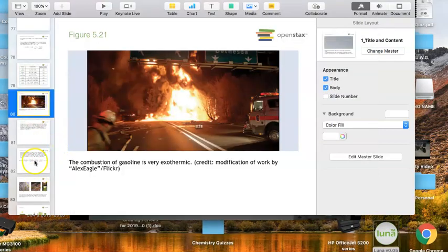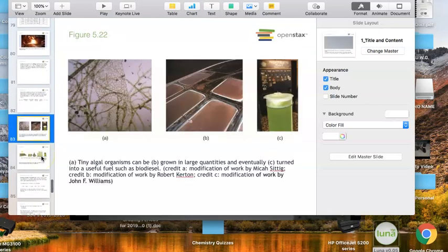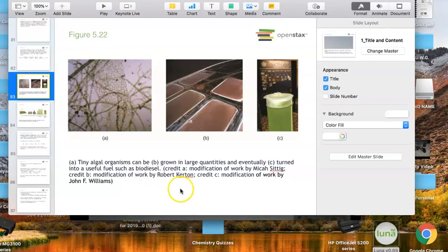Alright, so let's see, did that one. Now here we see a figure of tiny algal organisms that can be grown in large quantities and turned into useful fuel such as biodiesel.